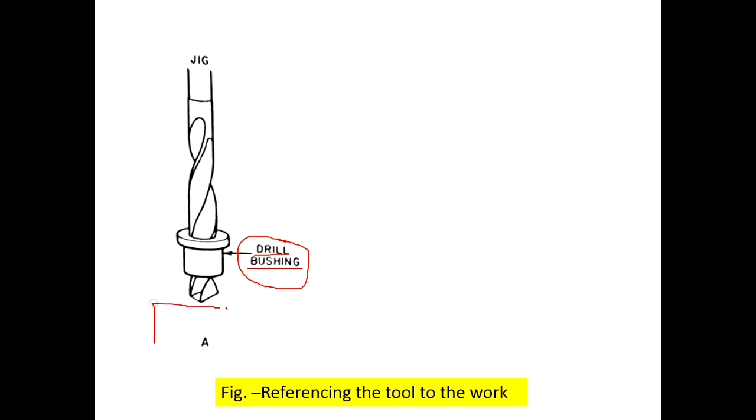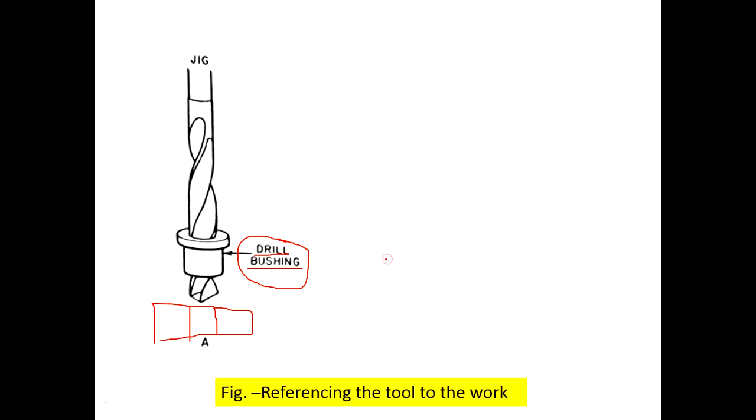So here you will have the workpiece for drilling. First the drill will pass through the bush and then it will move into the workpiece for the drilling operation. This guiding part is the drill bushing that we are using, also called a drill bush. So this is the guiding member in the case of a drilling operation or a jig.